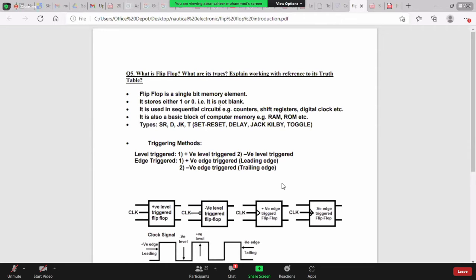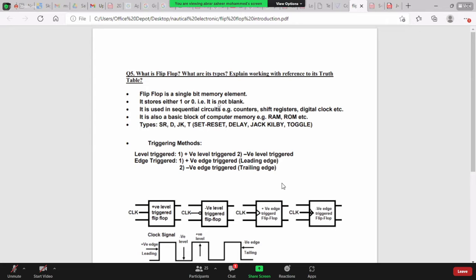So SR stands for set reset, and D is the delay flip-flop, and JK stands for Jack Kilby, and T is the toggle. Okay, T is the toggle flip-flop. These are different types of flip-flops.